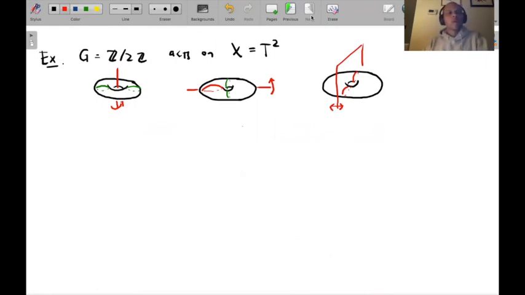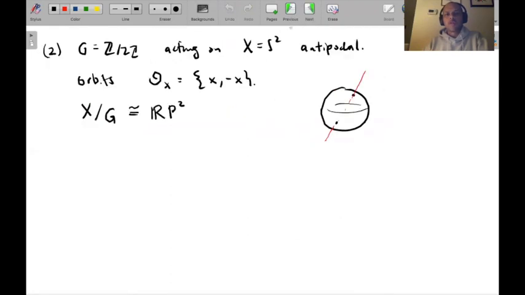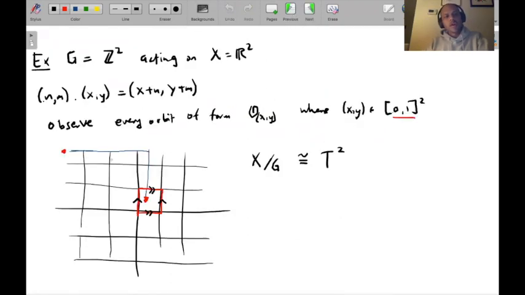So we're going to do similar to how we did with this action. If you want to identify the orbit space, it's a good idea to try to find some subset which contains exactly 1 point in each orbit, maybe with the exception of points on the boundary, and that will give you some gluing instructions. Okay, so we'll do that here.